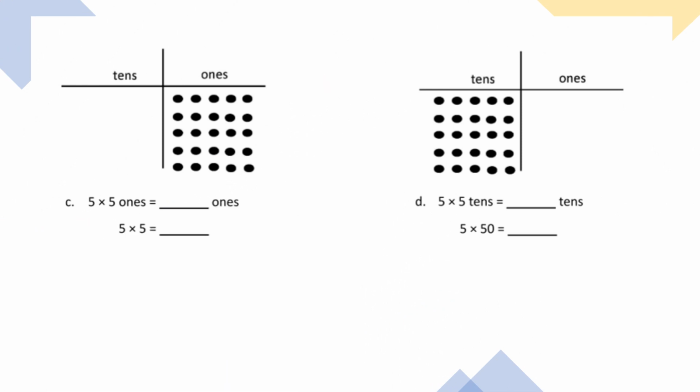Let's go ahead and look at number 2, letter C. We have the tens place and we have the ones place. There's nothing in the tens place, but there are a lot of place value discs in the ones place.